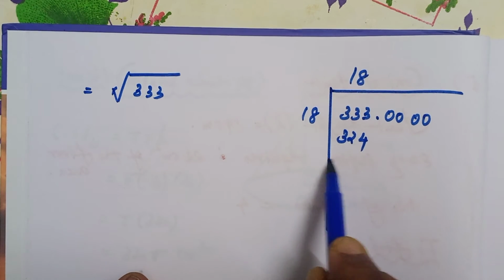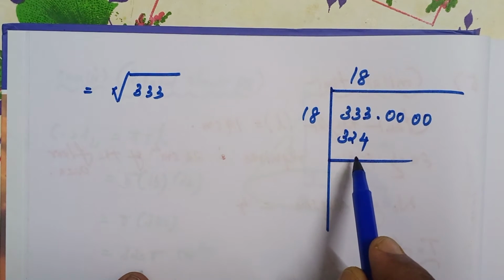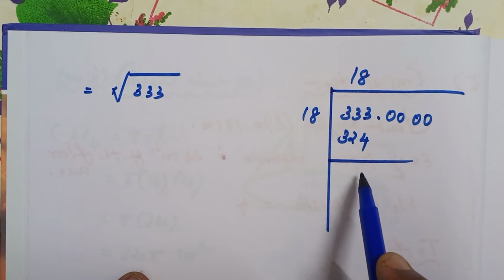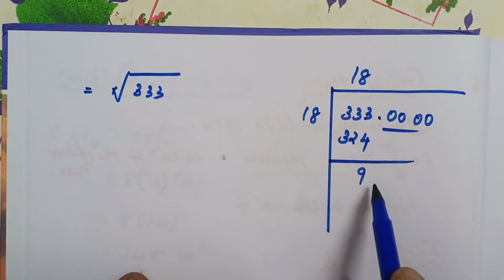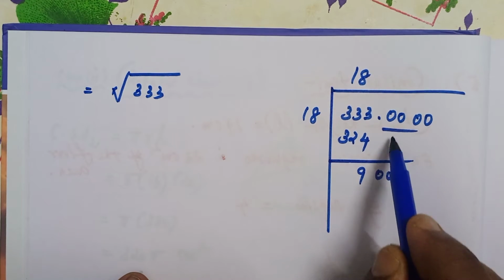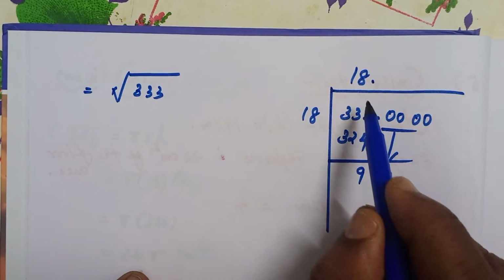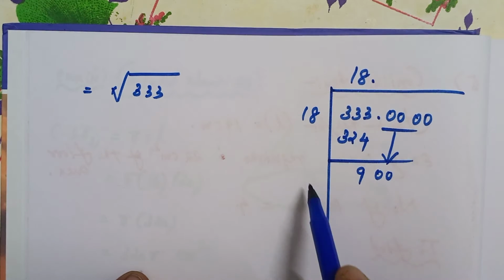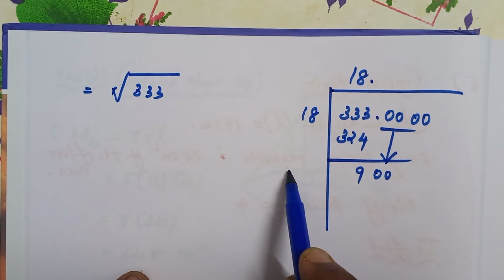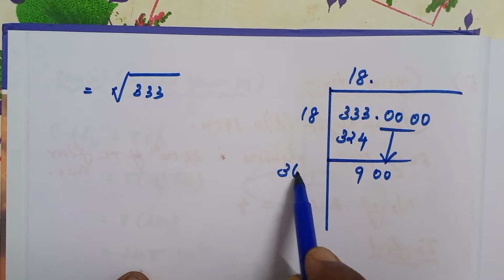Now you have to subtract. 333 minus 324, that is equal to 9. Then you have to bring down 2 digits, 00. Now you have to keep the decimal point over here. This number 18 should be multiplied by 2. 18 2s are 36.